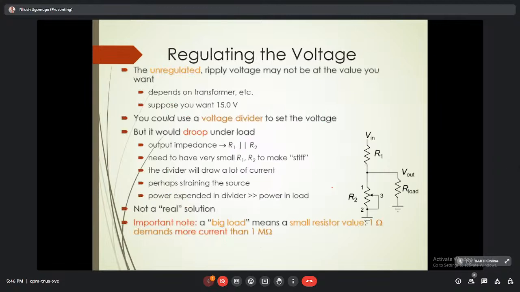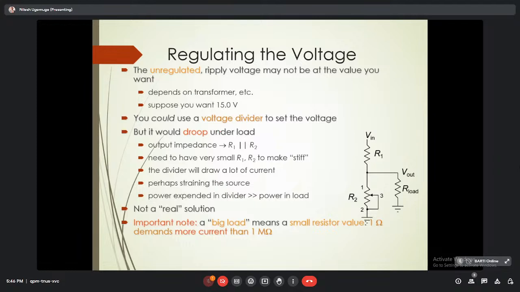Then we come to the key: regulating the voltage. The unregulated ripple voltage may not be at the value you want. What we want is the regulated voltage, and for this, as I have mentioned, one specific diode we can use is a Zener diode, used in reverse bias mode to get the regulated voltage, and that depends on the transformer.